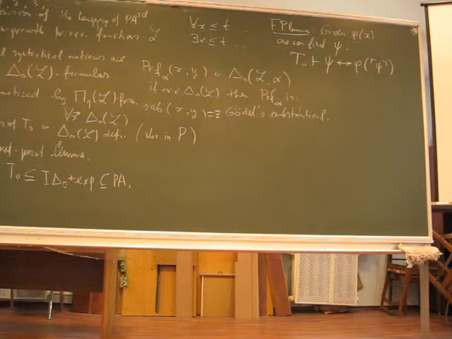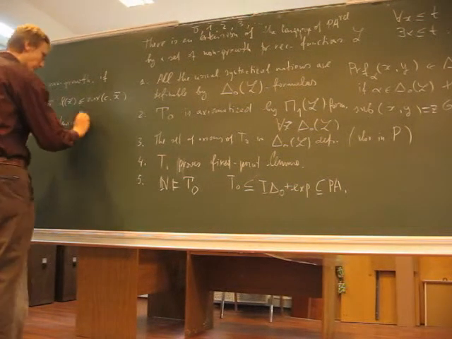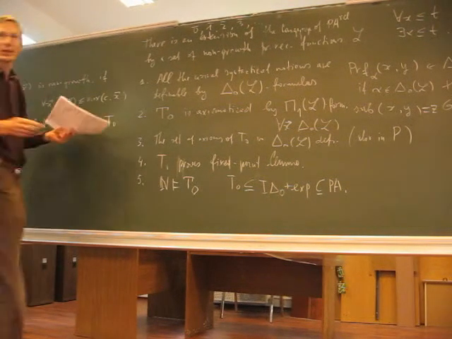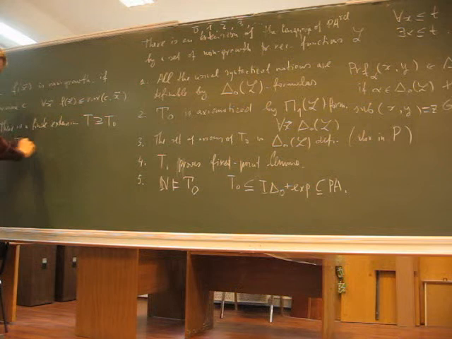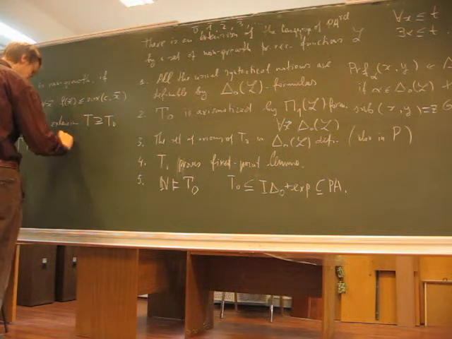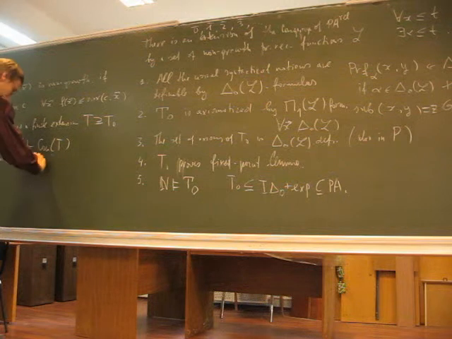So then the theorem sounds like this. If we have constructed this theory T0, then there is a finitely axiomatized extension, so to say. We add to T0 a single axiom such that that theory actually proves its naturally formalized consistency, and T is consistent.